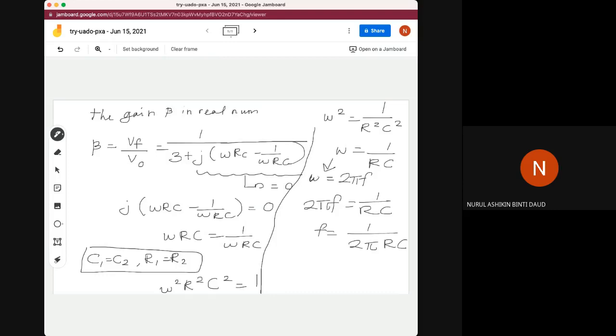This is how you calculate the frequency for this feedback network.